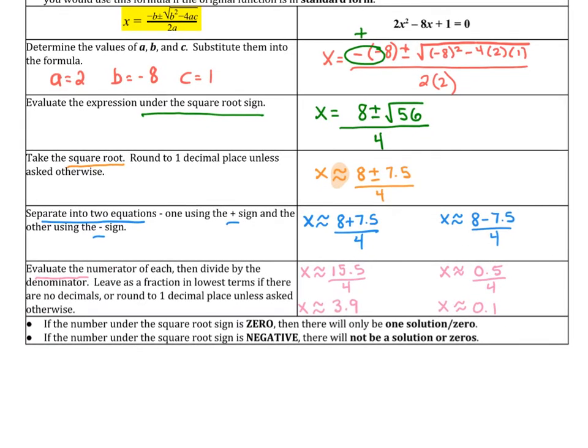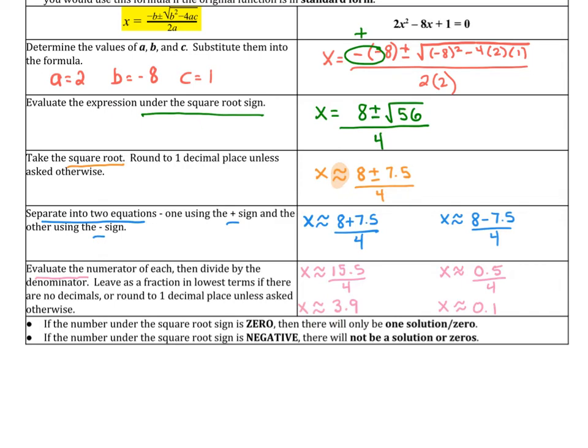There's a couple of cases that you'll need to be aware of. First of all, sometimes the number under the square root sign is 0. So if this number is 0, when you take the square root of 0, you get 0. And whether you add 0 or subtract 0, these two numbers are going to be the same. So you can just do the same work twice and get two answers that are the same. That's fine. But if that is 0 and you know that they're going to be the same, you could just do it once.